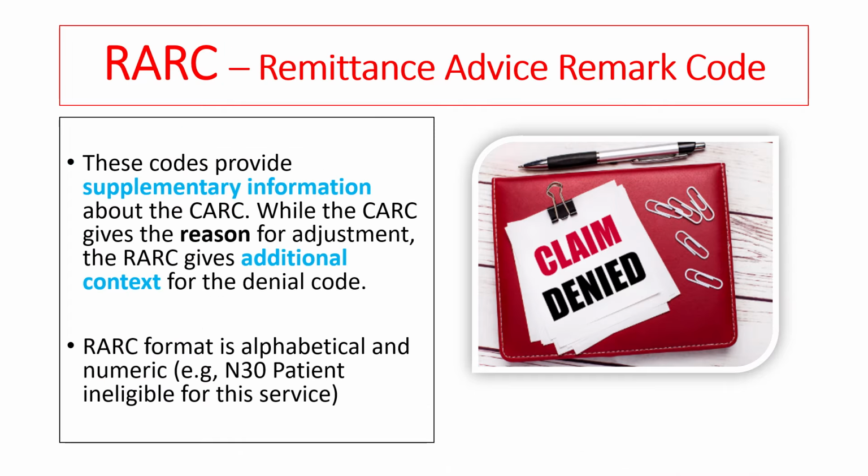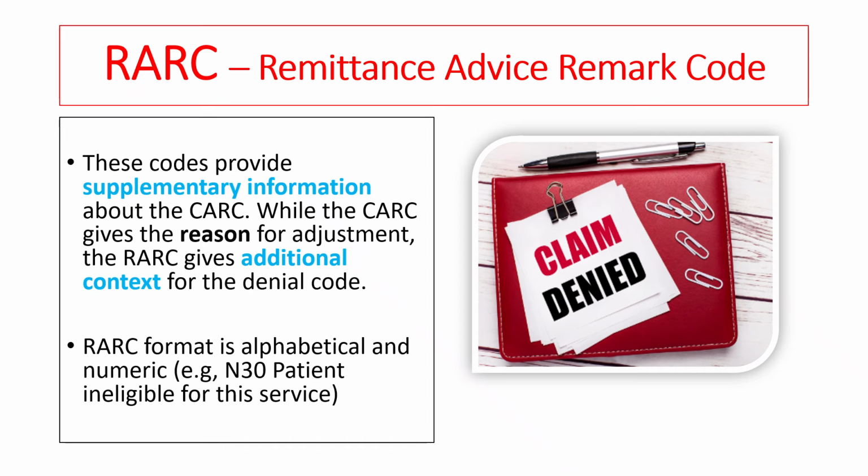Okay, we already discussed denial codes. Now we will discuss remark codes. Remark code is nothing but it gives additional information to the denial code. With the denial code we will know, for example, that the service lacks information, CO16. What information is required exactly to process the claim? That will be given by the remark code.